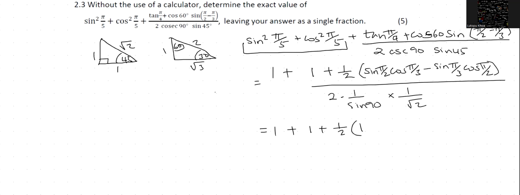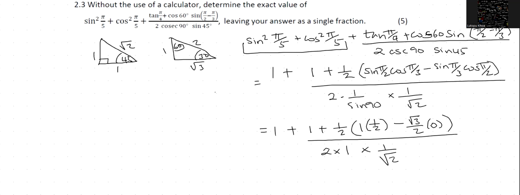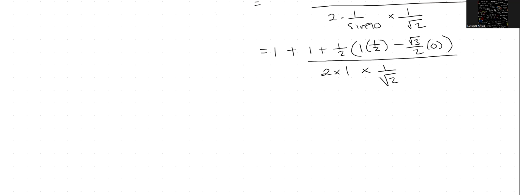Cos of pi over 3, this is a half, minus sine of pi over 3, this is the square root of 3 over 2, and cos of pi over 2, this is 0. And this is all over 2 times sine of 90 is 1, then multiplied by 1 over the square root of 2. So when you're asked to do it without a calculator, show as many steps as possible. I want to be convinced that you did not use a calculator.